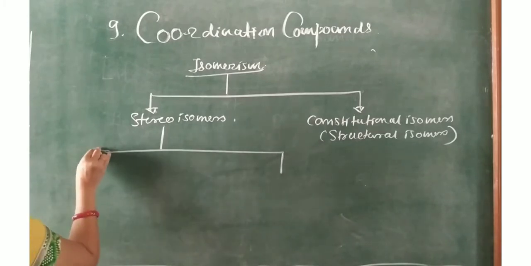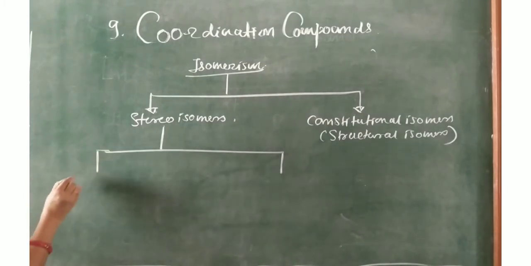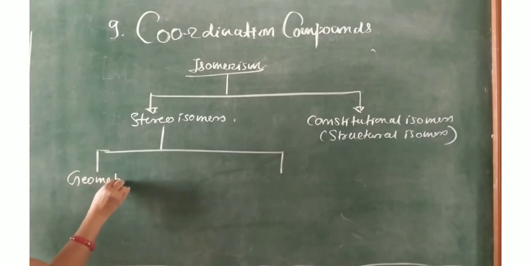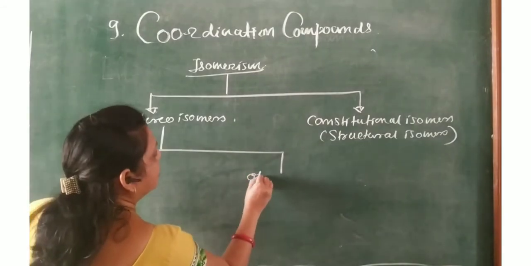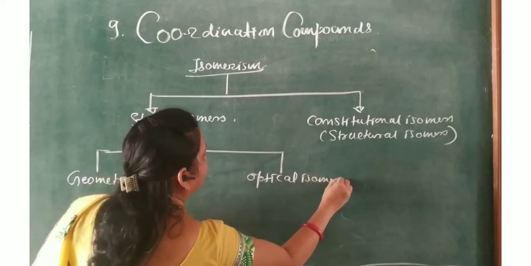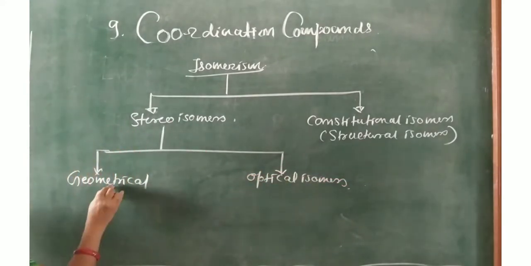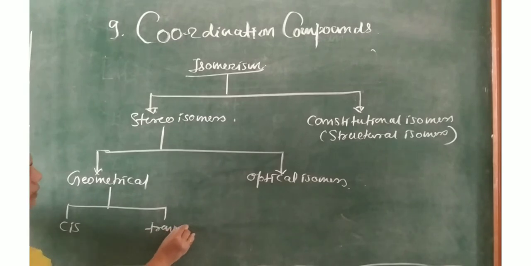These stereoisomers are again subdivided into, first, geometrical isomers, and second, optical isomers. Geometrical isomers are subdivided into cis and trans isomers.